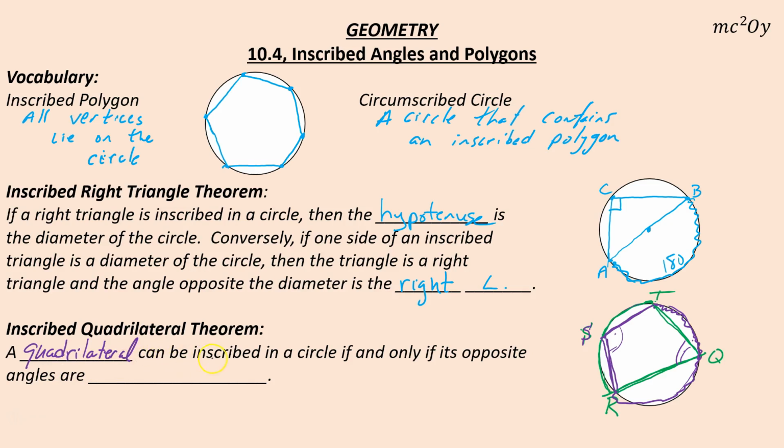So a quadrilateral can be inscribed in a circle if and only if its opposite angles are supplementary. Opposite angles of a quadrilateral will always add up to 180 degrees. Same thing would happen with T and R. Notice R is cut by this top arc, T is cut by the bottom arc. Makes 360.